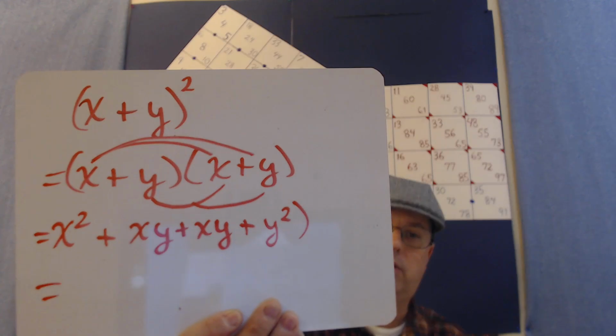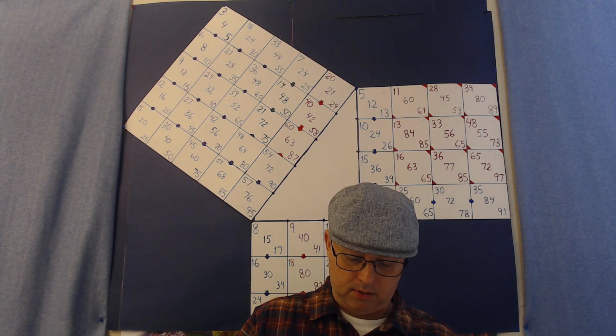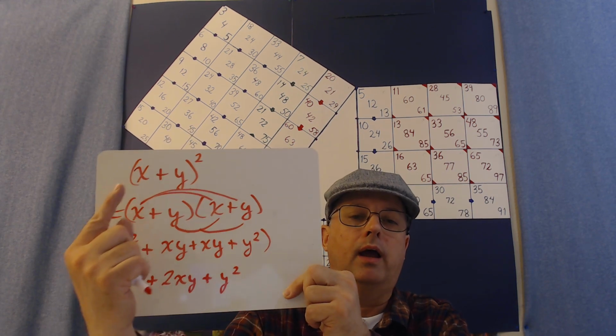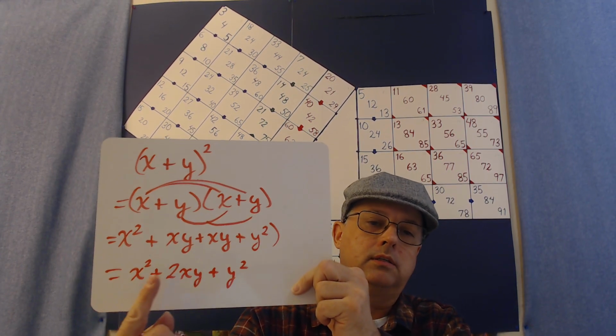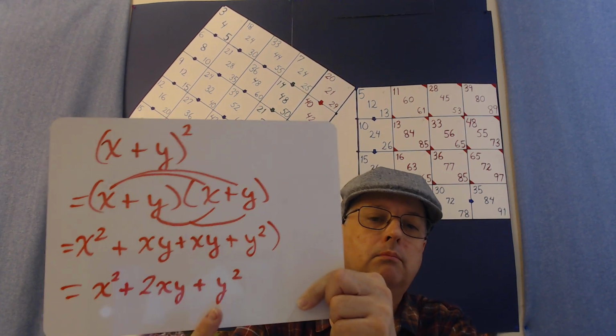Hey, there's two XY's. So let's be wise about that and put 2XY plus Y squared. So if you want to square a quantity, X plus Y squared, then this is the arrangement that you want. X squared plus 2XY plus Y squared.